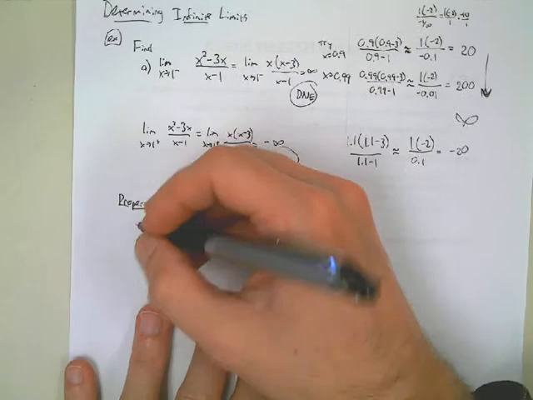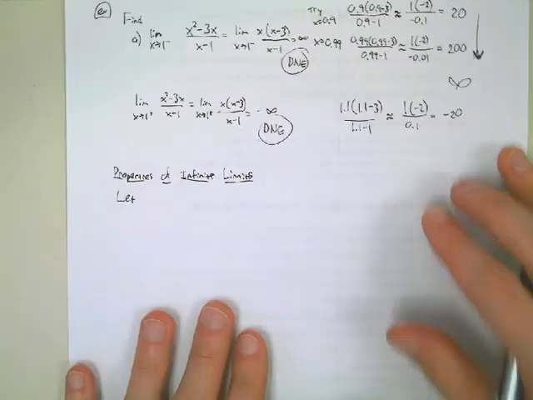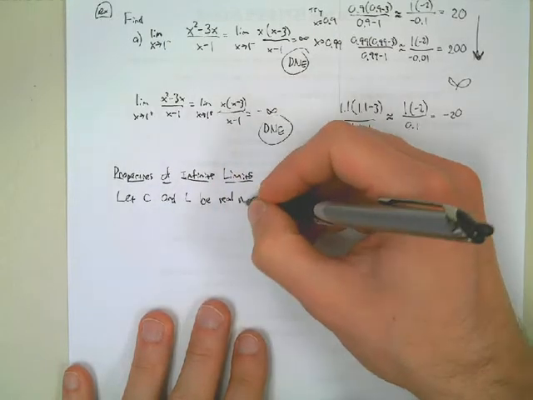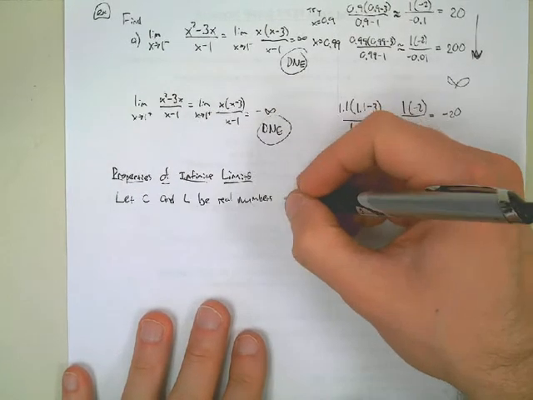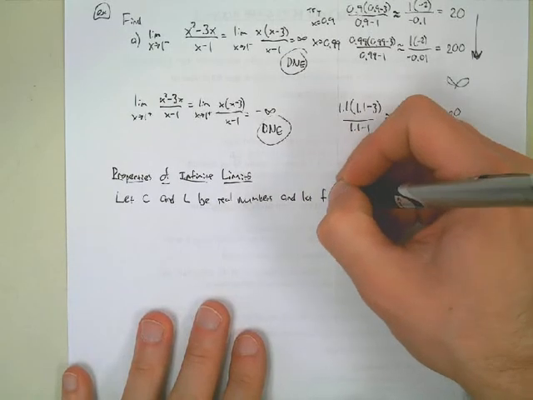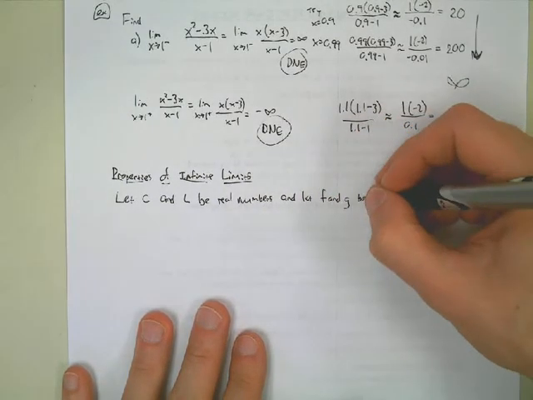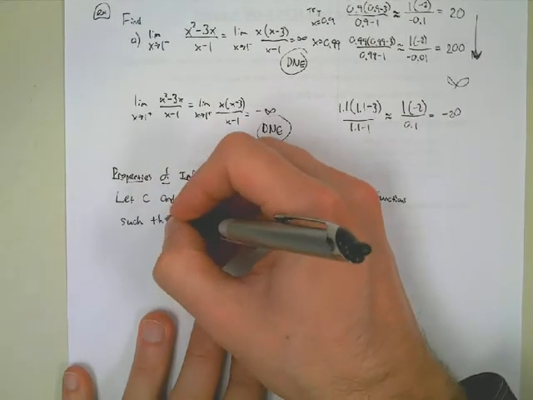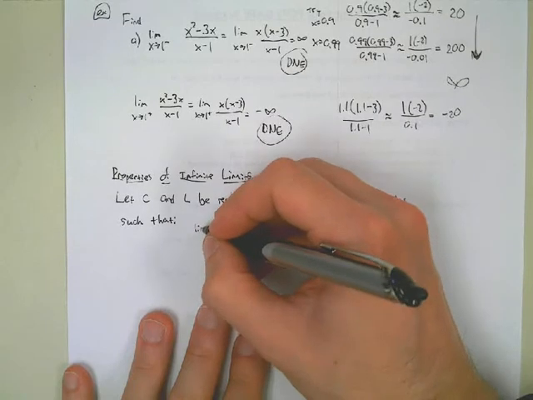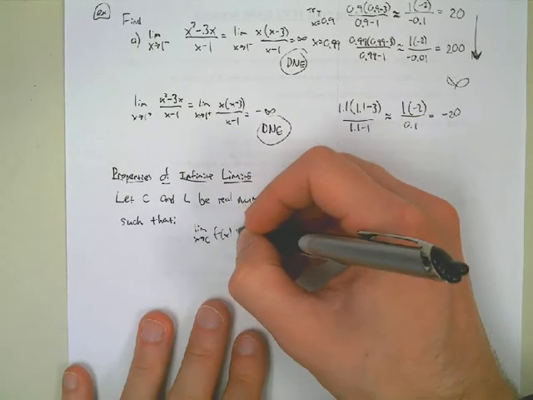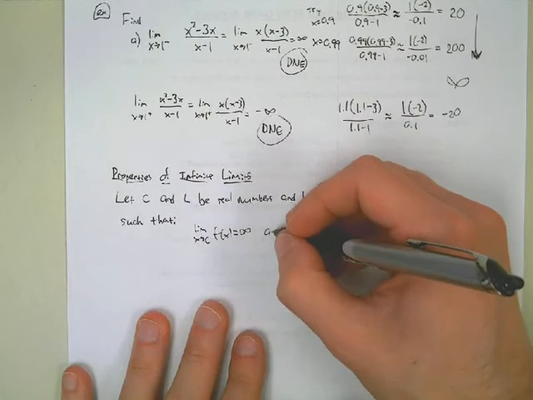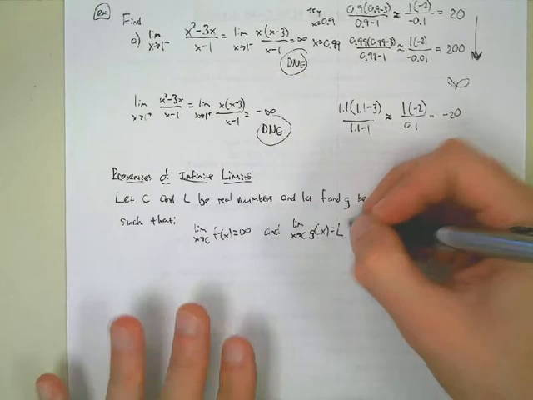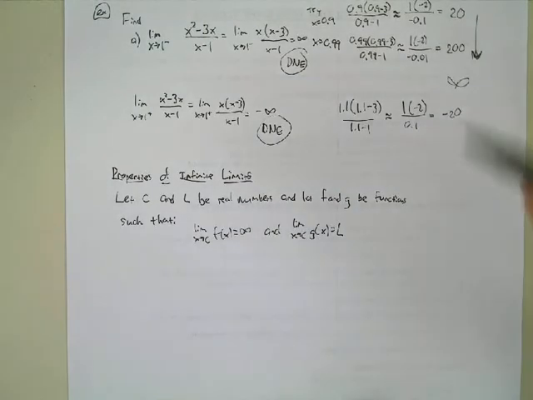So again, we'll say let C and L be real numbers, and let F and G be functions such that the limit as x approaches C of f of x is infinity, and the limit as x approaches C of g of x is L. So again, C and L, we're just saying they're real numbers, just declaring those variables.